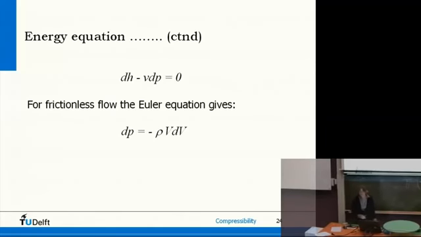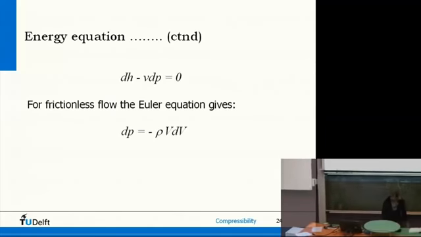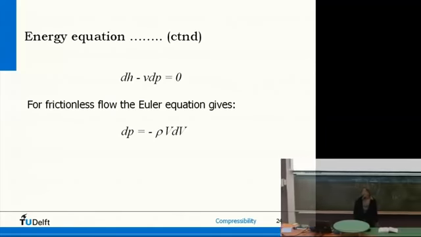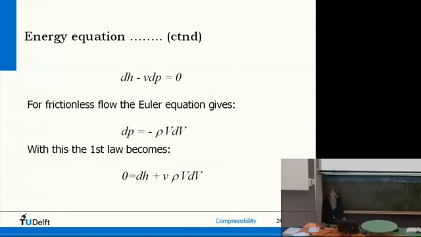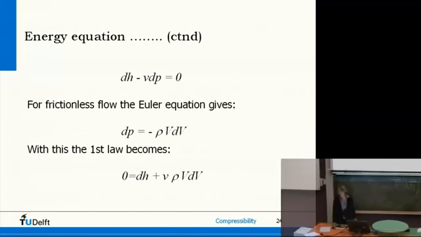So let's see if I can substitute the Euler equation into the thermodynamics equation. So let's substitute dP in here. Please note it's a bit confusing with the v's. This is specific volume, 1 over rho, so volume per unit mass.